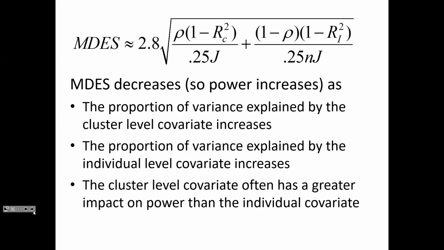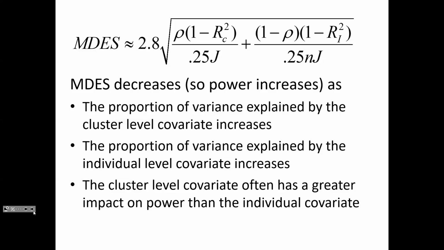It also increases when the proportion of variance explained by the individual level covariate increases. But it turns out that the cluster level covariate often has a greater impact on power than the individual covariate does. So in a cluster randomized trial, being able to add cluster level covariates often gives you a bigger bang for your buck in terms of power than adding individual level covariates.